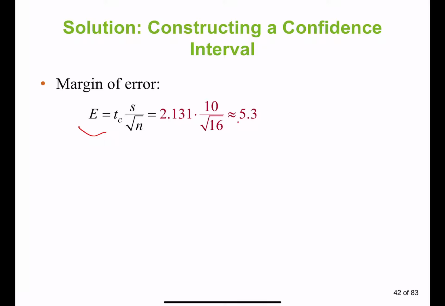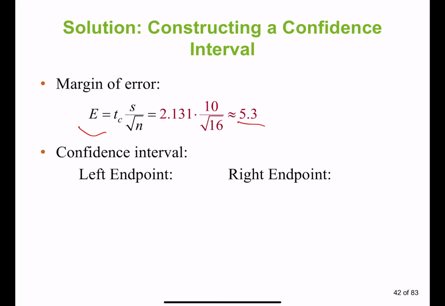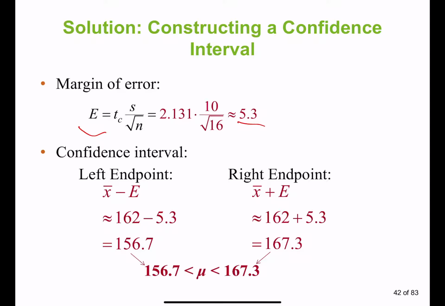So that's 5.3. Once we have 5.3, we can find the endpoints, the boundaries, which are x bar minus error and x bar plus error: 162 minus 5.3 and 162 plus 5.3, and we will get this interval.